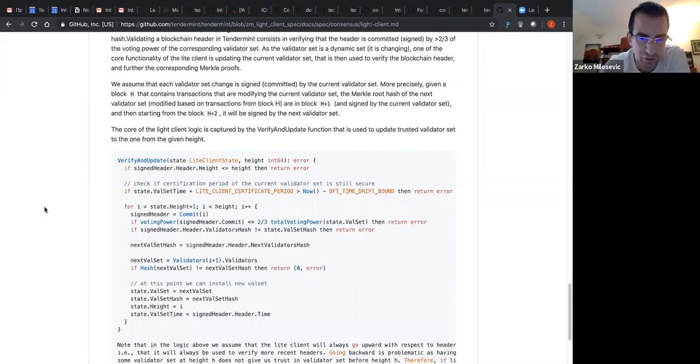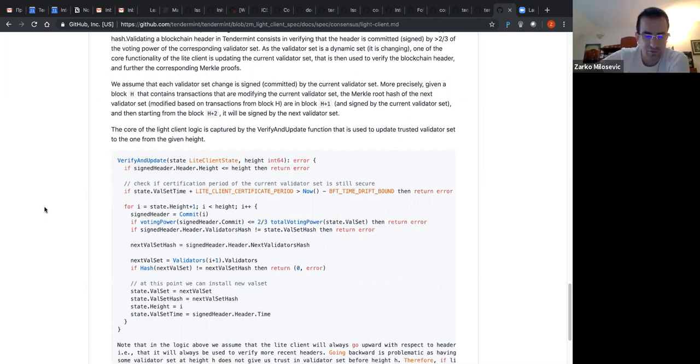First, before we do anything, we check whether we are within a light-client certificate period. If this is true, then we have a loop where we obtain a commit. We verify using the trusted validator set that the commit is signed by more than 2/3 of voting power. Then we check whether the validators hash is equal to our current validator set hash, because we set it to the next validator set hash.